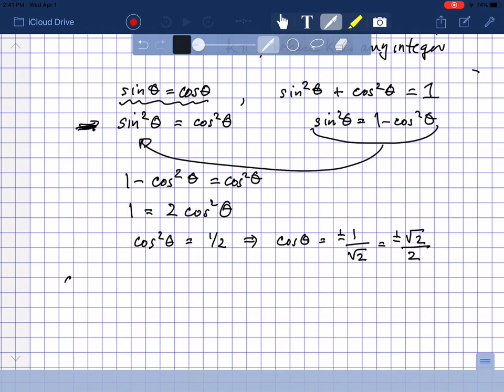So now we know solutions to this. If I look at the cosine of theta equal the square root of 2 over 2, the solutions are pi over 4, 7 pi over 4, and so on.